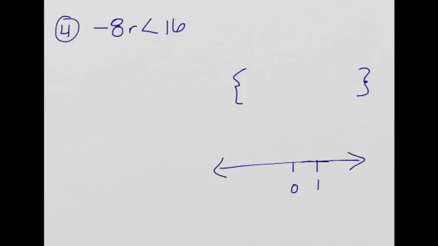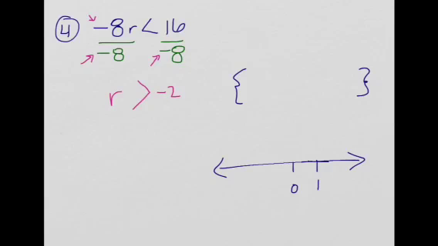All right, is the variable on the left? It is, so we're going to go ahead and divide by negative 8, and we're going to divide by negative 8. Now many of you remember the minus men. You'll notice we have 1 minus man, 2, and 3. And when we have 3 minus men, then our inequality flips over. So this is going to be r is greater than negative 2.